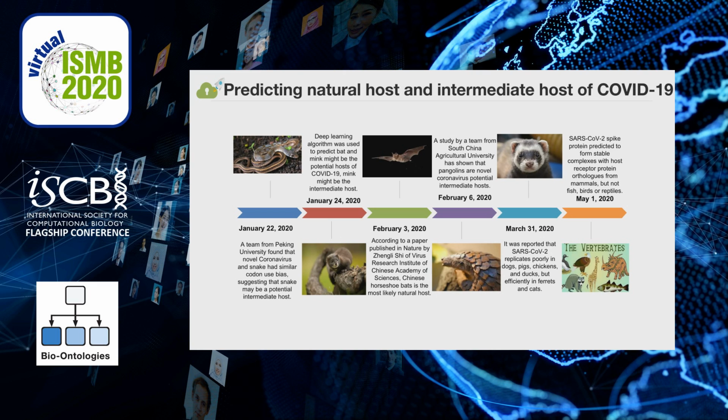Also, they found that ferrets and cats can efficiently replicate SARS-CoV-2. Also on May 1, scientists used the SARS-CoV-2 spike protein to predict that mammals can be infected with COVID-19, but not fish, birds, and reptiles.